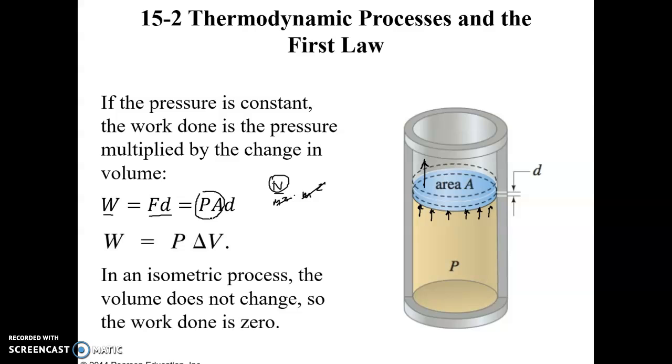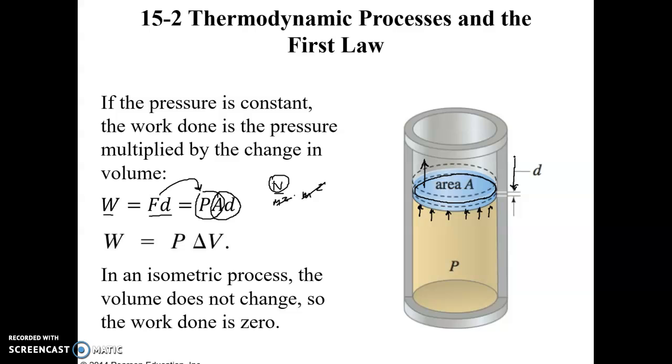So force is equal to pressure times area. So we can replace force with P times A. And if we then take a look at A times D, well, the area of the piston multiplied by the distance, I'm going to make this a bigger distance.